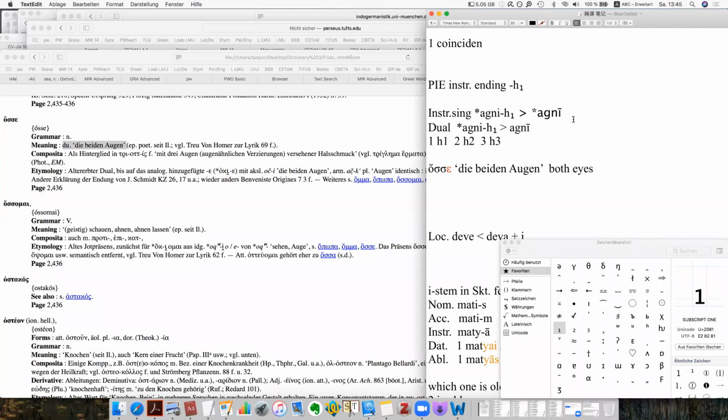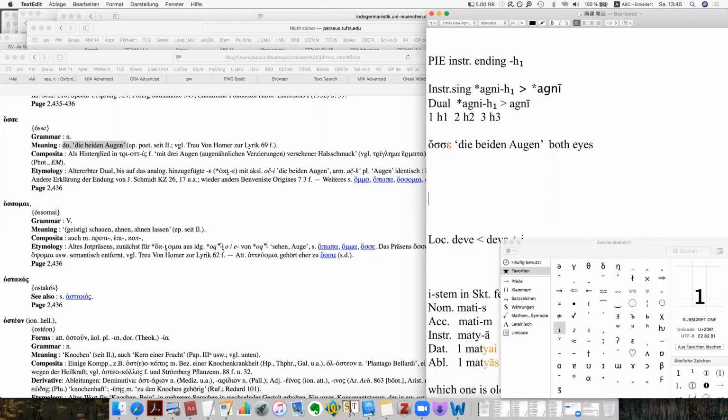So what should they do? They need to make some change to the stem. So there's one solution. One solution is Agni to Agnī. Okay.